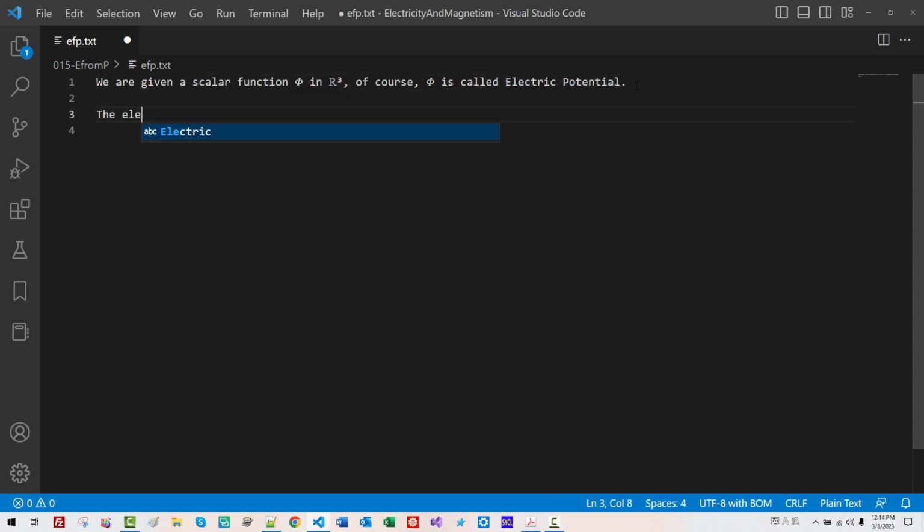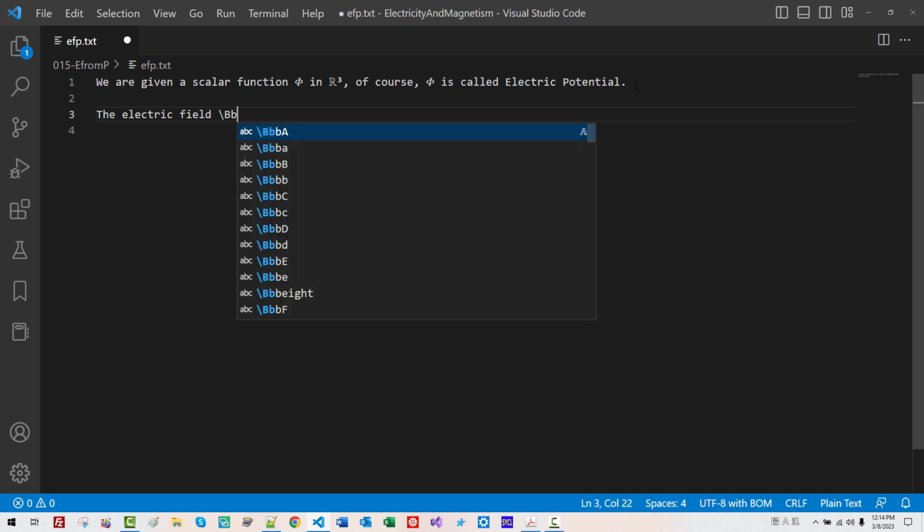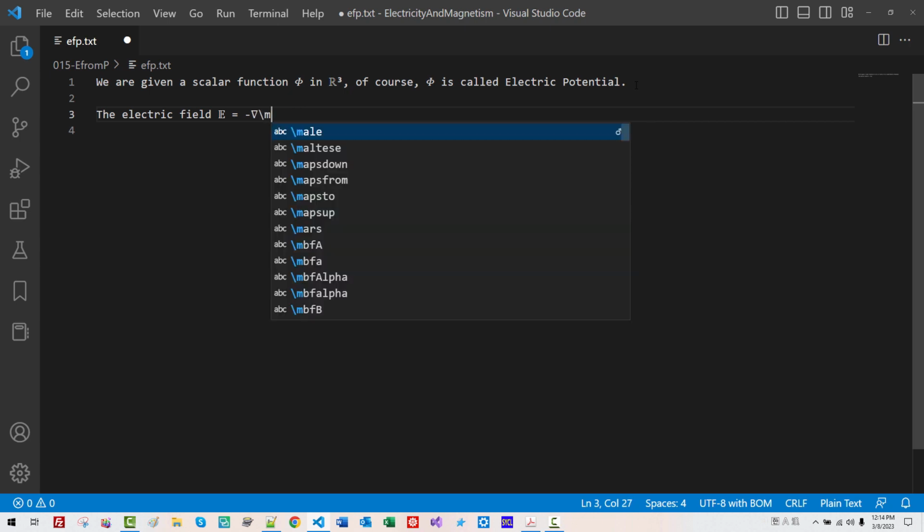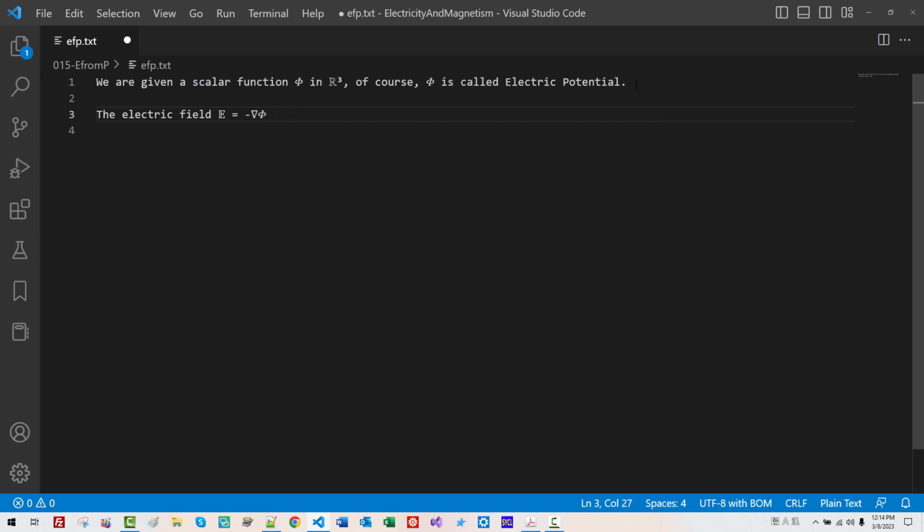Then the electric field E equals negative nabla phi. When the electric potential is given, we can easily compute the electric field E by taking the negative gradient of phi. Now we go the other way around.